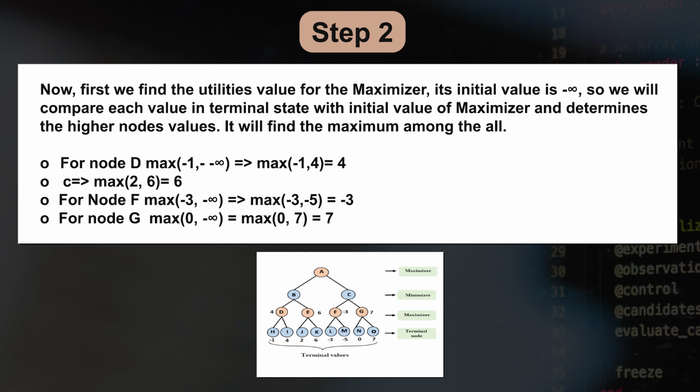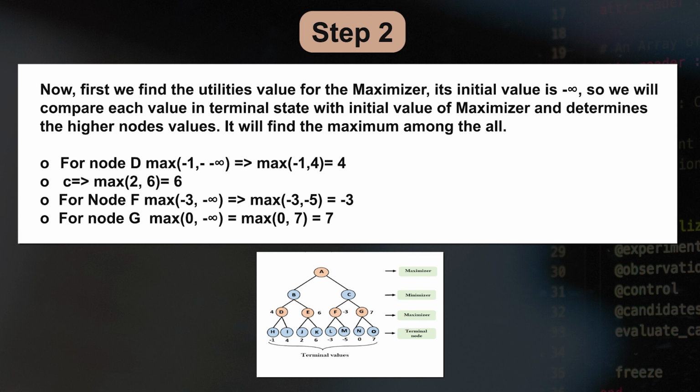For node D, max(-1, -infinity) is -1, then max(-1, 4) is 4. For node E, max(2, -infinity) is 2, then 6, so we get the final value 6.